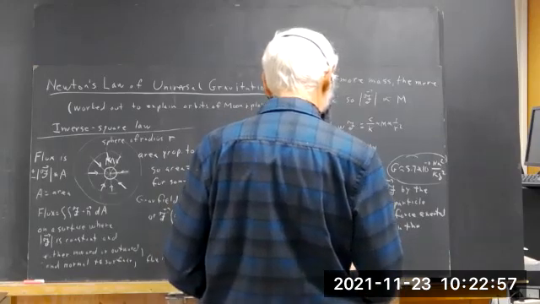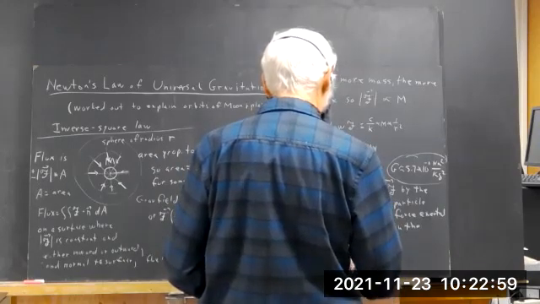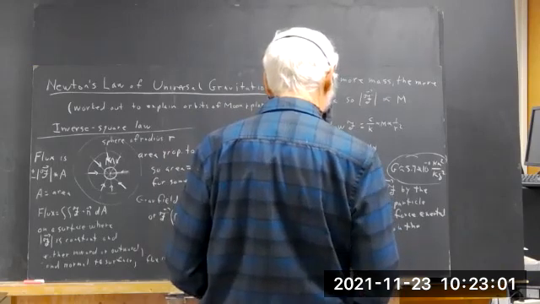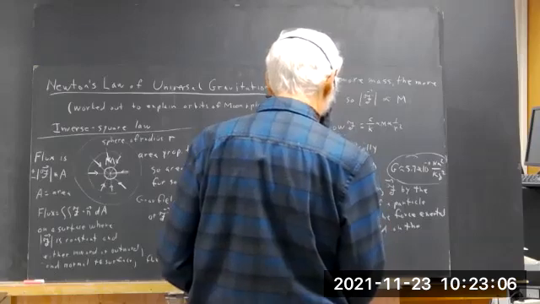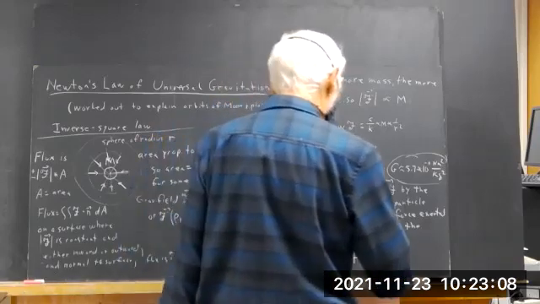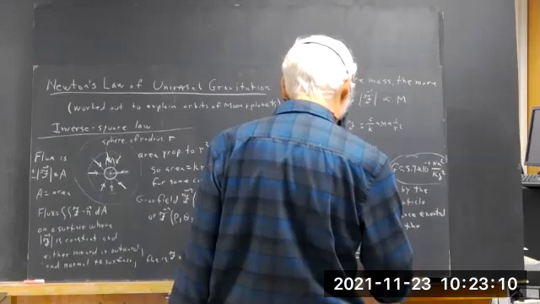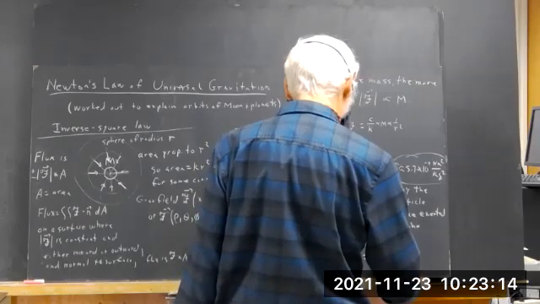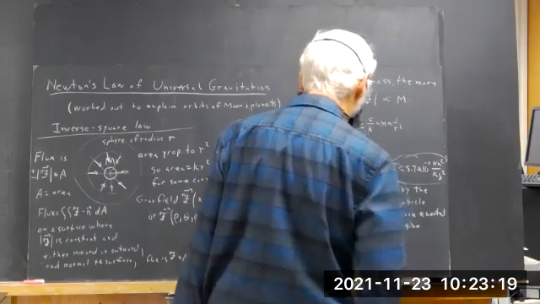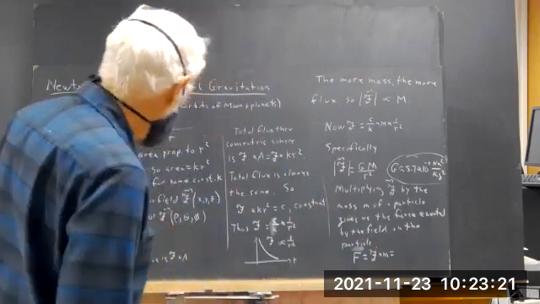Okay. So we can say that F equals, or the force, I'll just do this without the vector for the moment. Force, magnitude of the force is the magnitude of the field times m. Now, why is this?